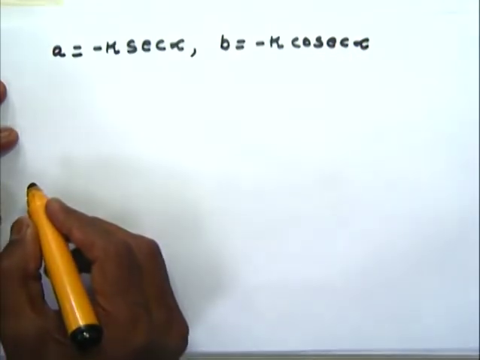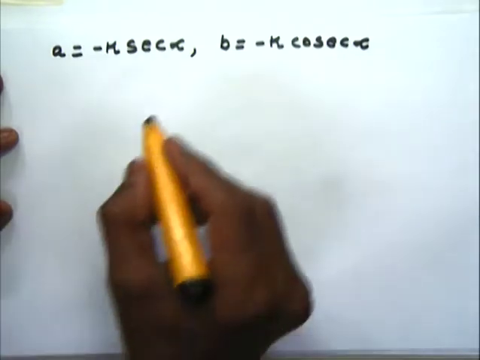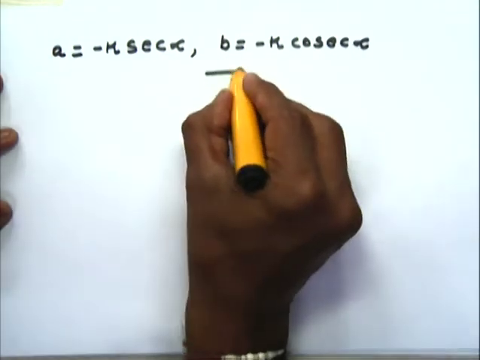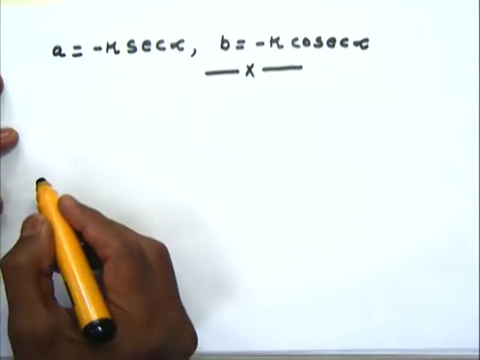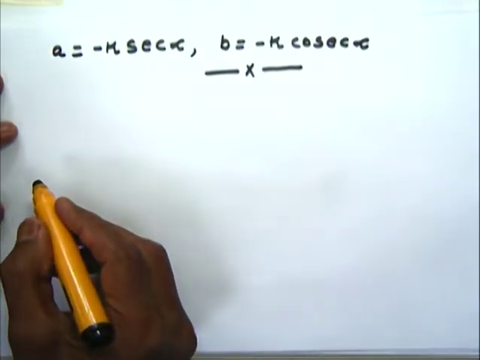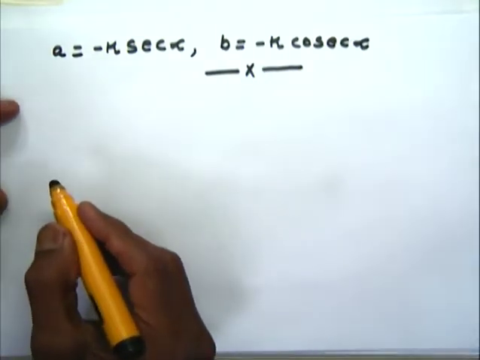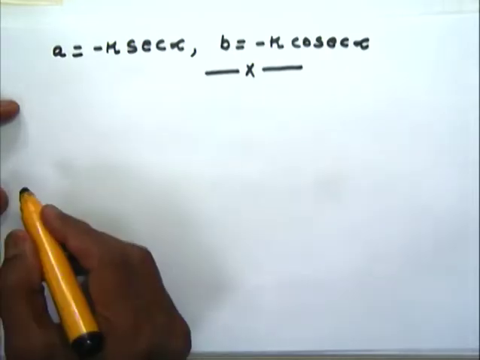So the intercepts of the line on the axis are like this. This is the way to find the slope and the intercepts of the line on the axis.